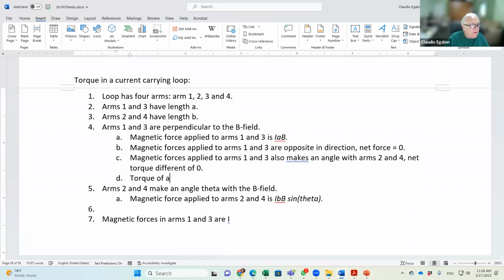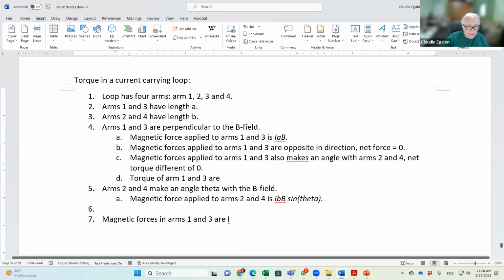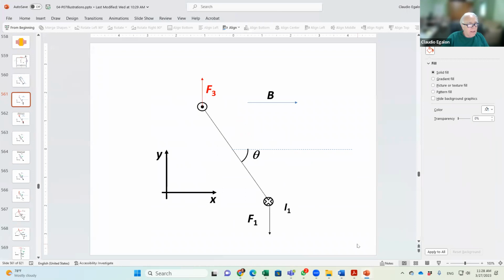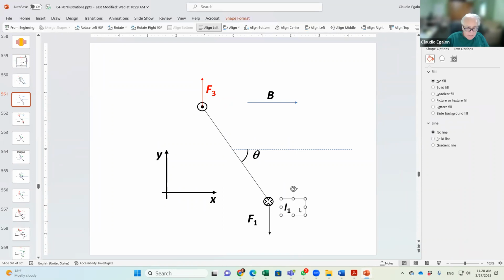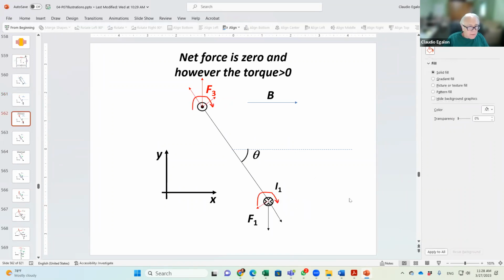Torque of arms 1 and 3 with respect to this point is going to be F3 times the sine of the theta angle.